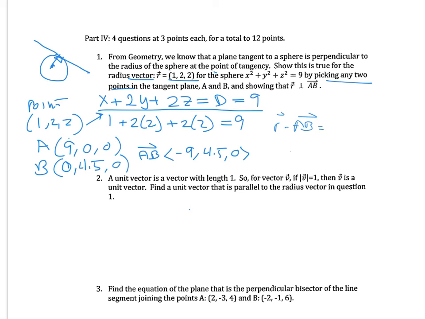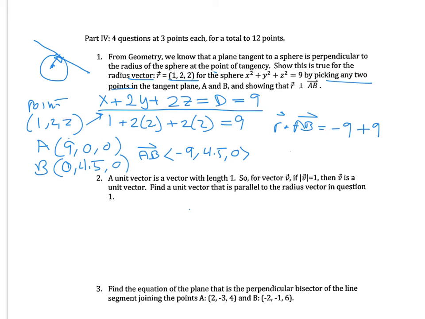That means taking the x component of AB, multiplying it by the x component of R. That would be negative 9. And we'll add the y component of AB times the y component of R. That's going to be plus 9. Then we take the z component of AB multiplied by 2. Well, the z component of AB is 0, so there is no third part.